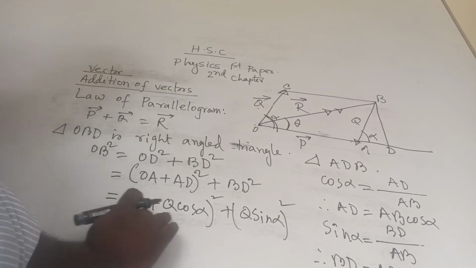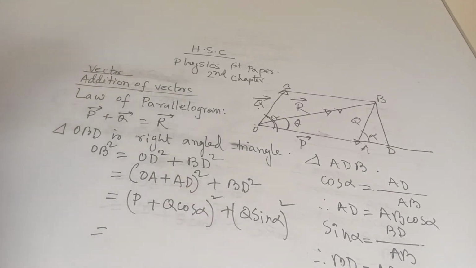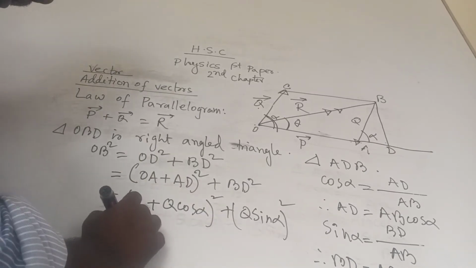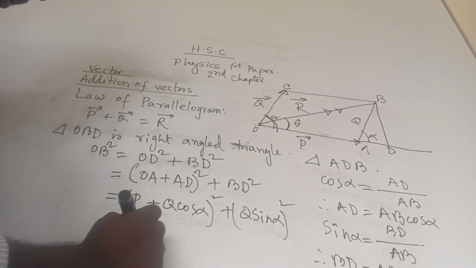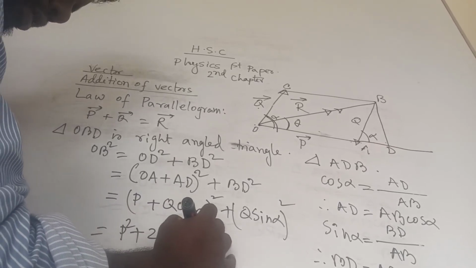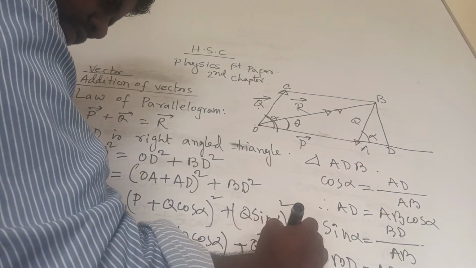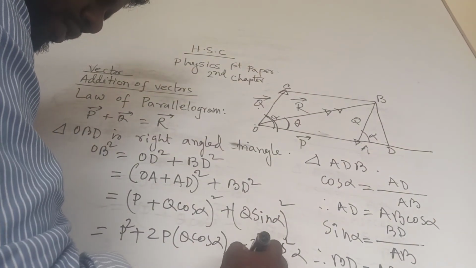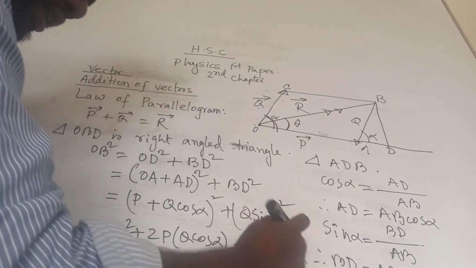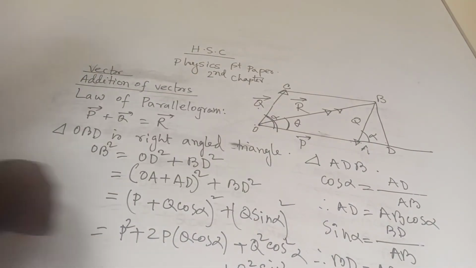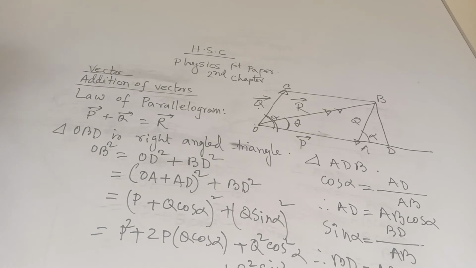So I can expand this by (a plus b) whole square: P square plus 2PQ cos alpha plus Q square cos square alpha, and this one is Q square sin square alpha. Now if you take Q square common, cos square alpha plus sin square alpha will be equal to 1.